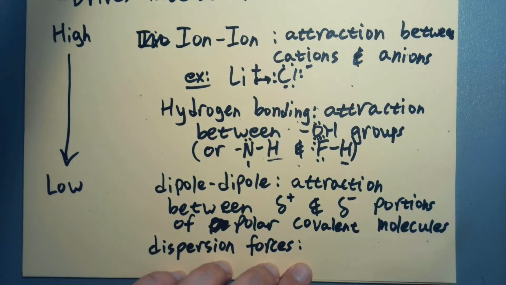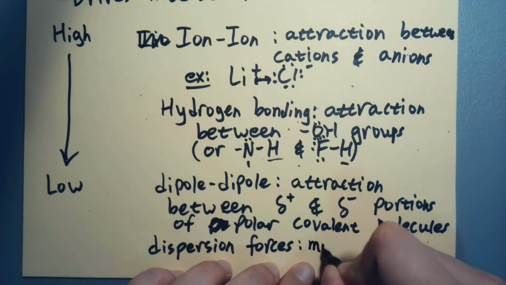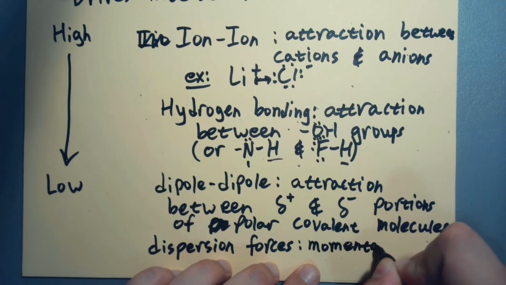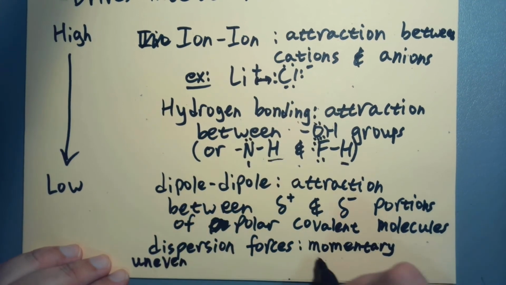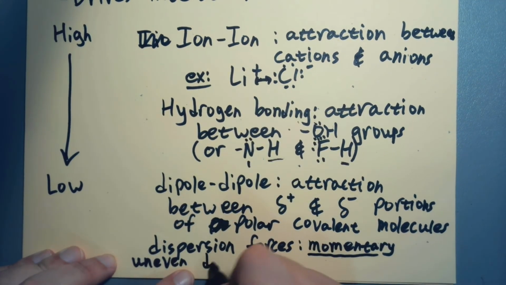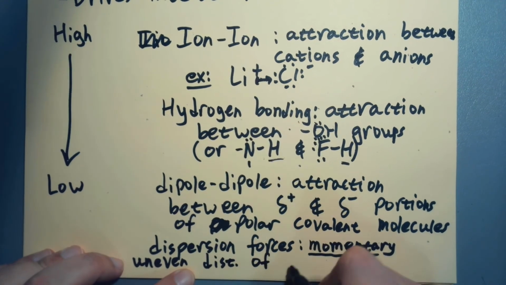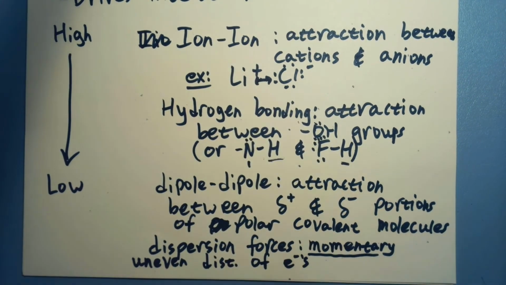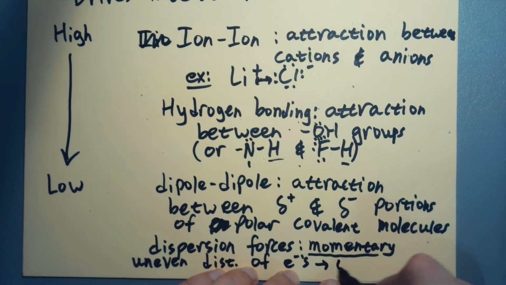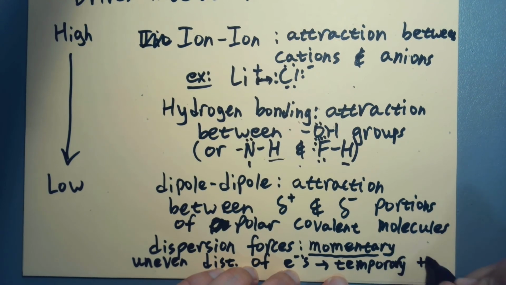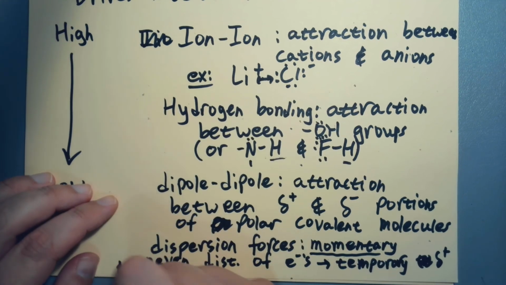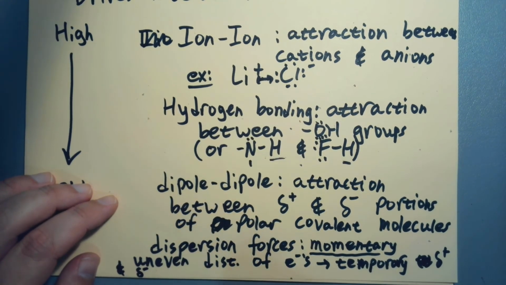Okay, so let's get this in writing. So dispersion forces result from a momentary uneven distribution of electrons, and I cannot emphasize momentary enough. So that means you get a temporary, well, partial plus and partial minus that attract.